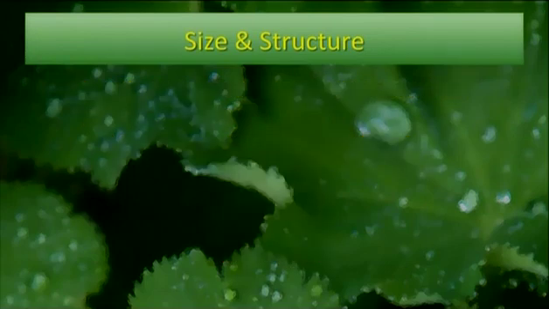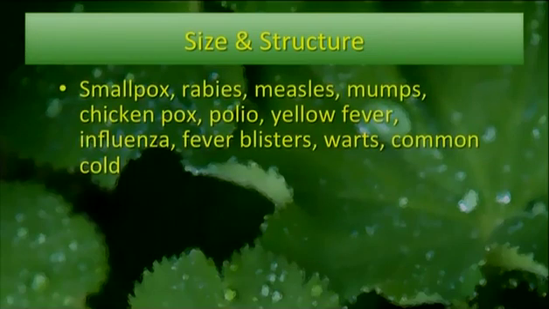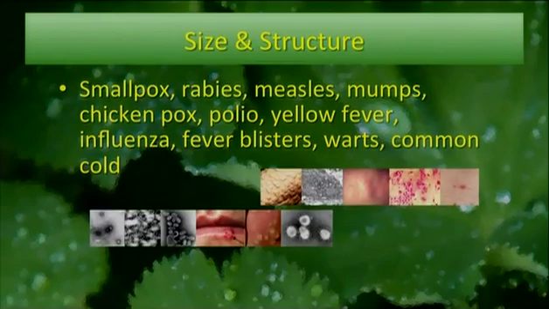Some of the diseases viruses can cause include really nasty things, such as smallpox, like we were just talking about, rabies, measles and mumps, chickenpox, polio, yellow fever, the flu, fever blisters, like you see on this person's lip, warts, and the common cold.